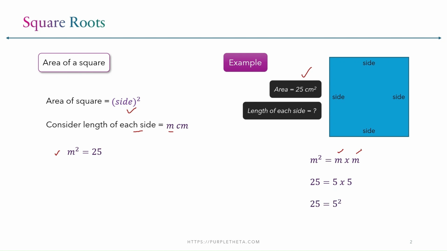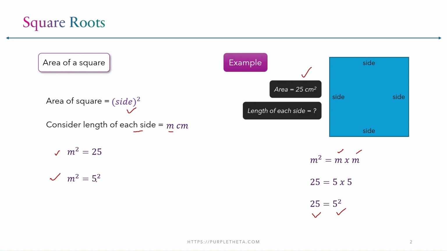Therefore, our question becomes, here we have m square is 25. I will write m square as it is, and for 25 I will write 5 square, because we have just seen that 25 is equal to 5 square. So we replaced 25 by 5 square, and this is our equation. m square is equal to 5 square.